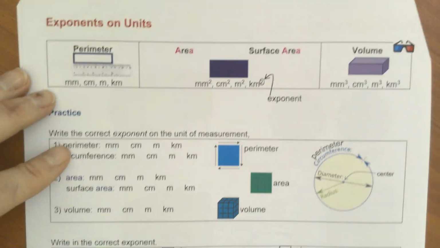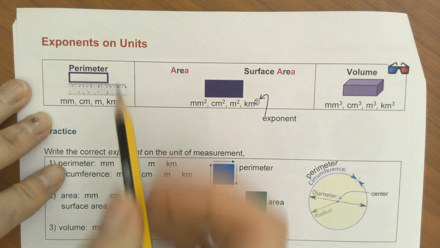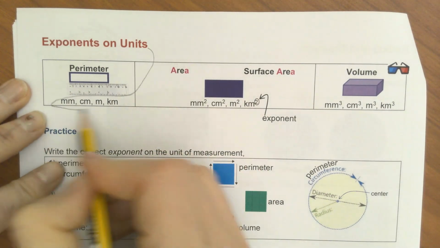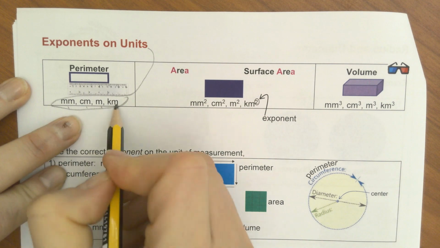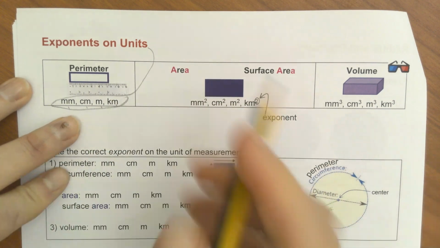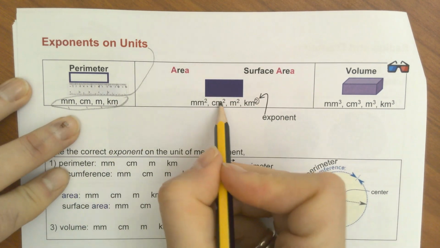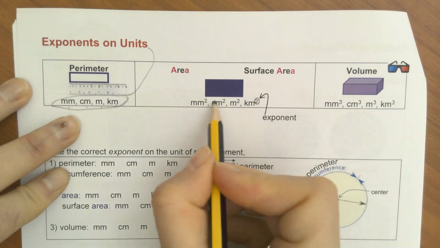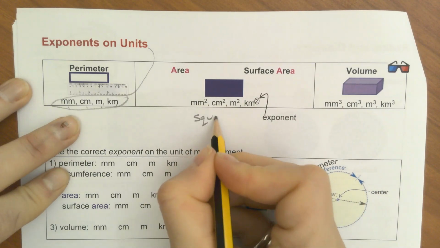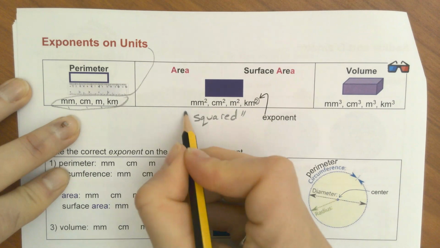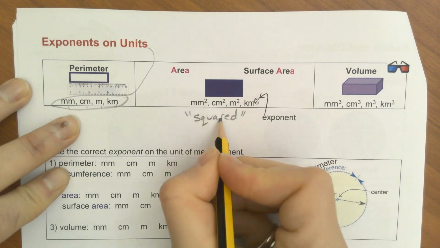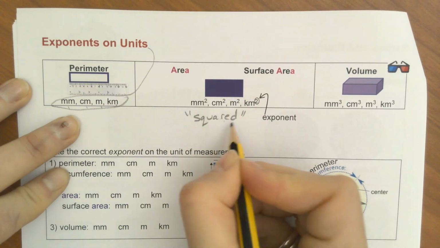So exponents on the units. Our units are these things: millimeters, centimeters, meters, kilometers. And when we have area, we have to put a 2. We call this exponent squared. We say millimeters squared, centimeters squared, meters squared, kilometers squared.